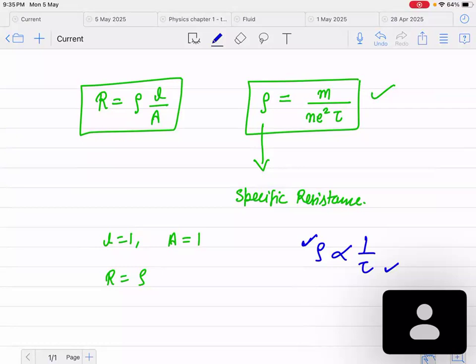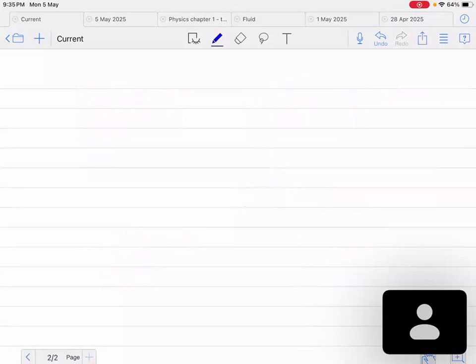Yeah. So let me tell you more details of how this resistivity is linked with the other parameters of the wire or the resistance of the wire.